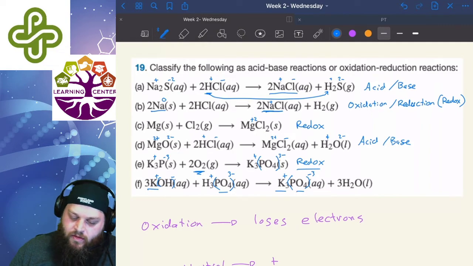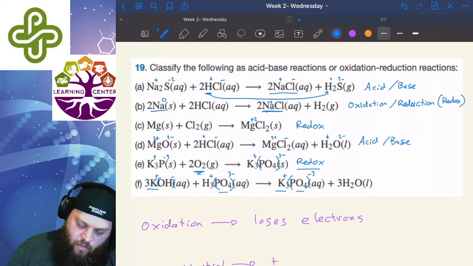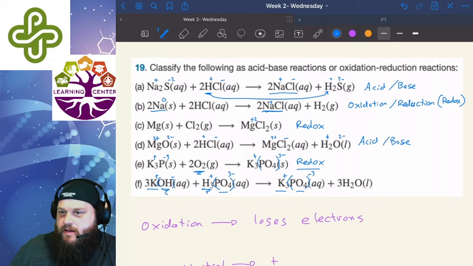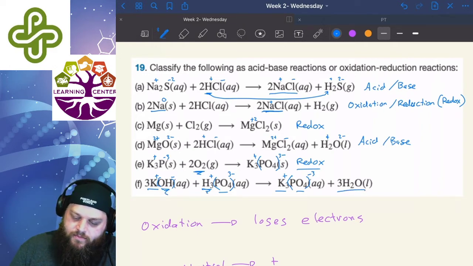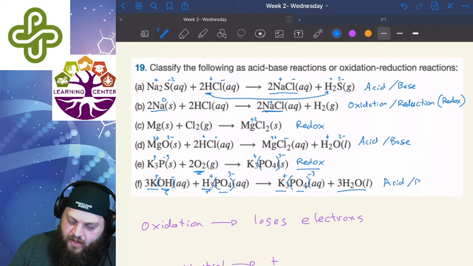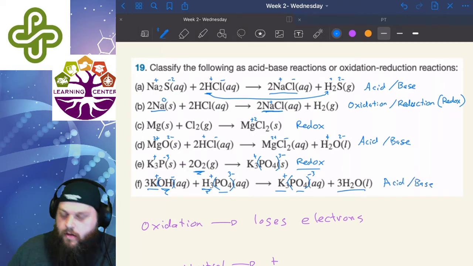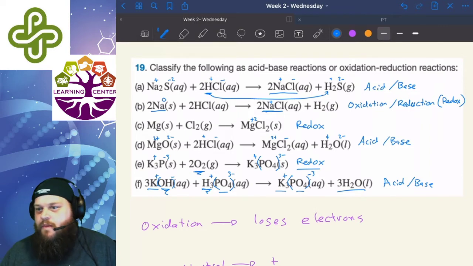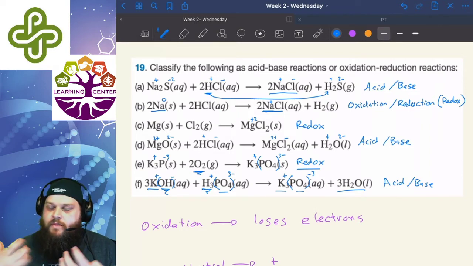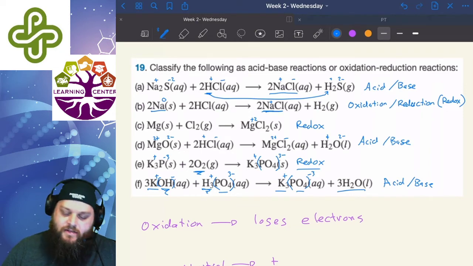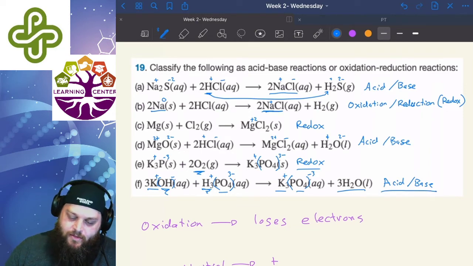So there's no real redox happening there. What's really happening is we have hydrogen bonded to hydroxide to make water. And that is basically the most basic, pardon the pun, acid-base reaction. When you have hydrogen ions bonding to hydroxide ions, that's creating water. That's the simplest form of an acid-base reaction.